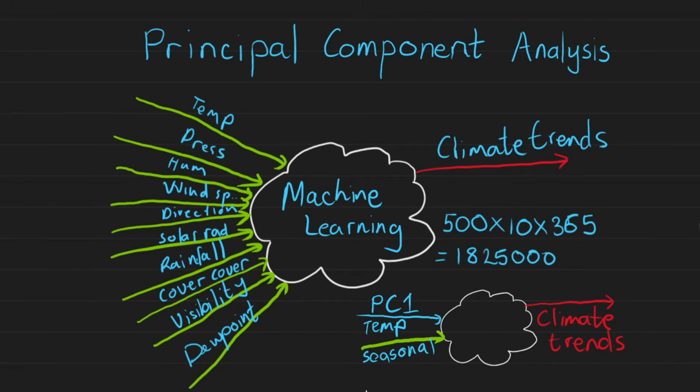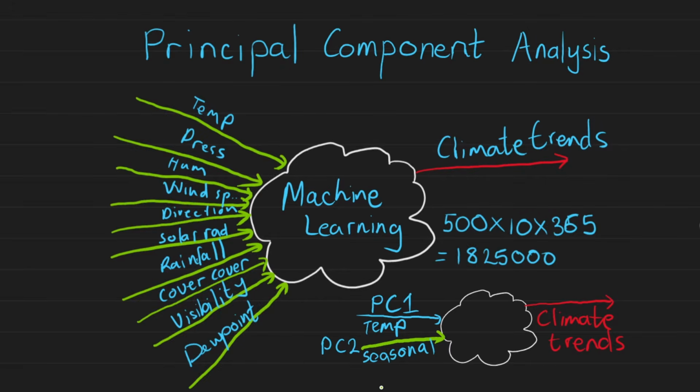So when we talk about seasonal variations, it could be actually a combination of these different variables. Maybe if we combine temperature and pressure and we check on it throughout the year, we can actually identify certain changes in seasons and that can tell us certain trends in the data. So a principal component, so we'll call that PC2, that could actually be some kind of combination of these variables.